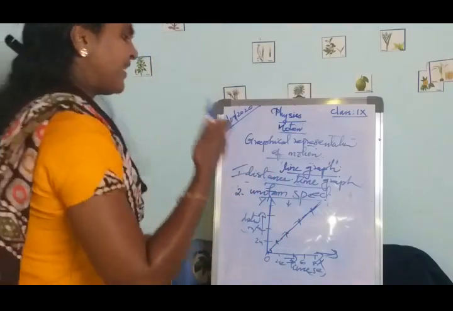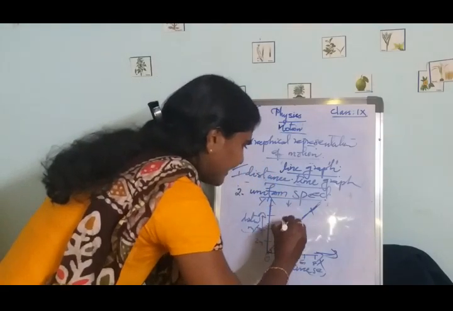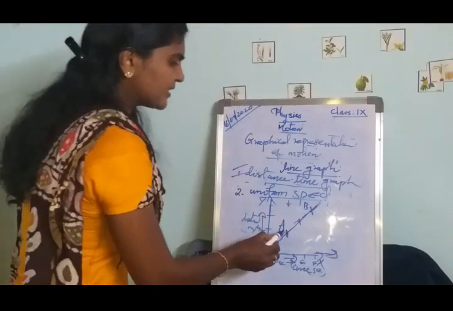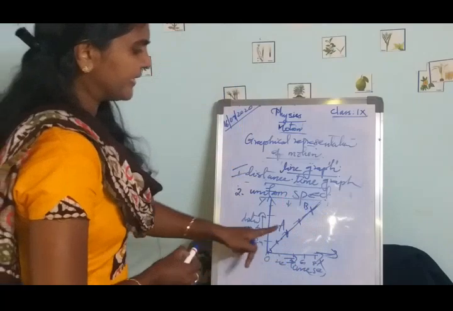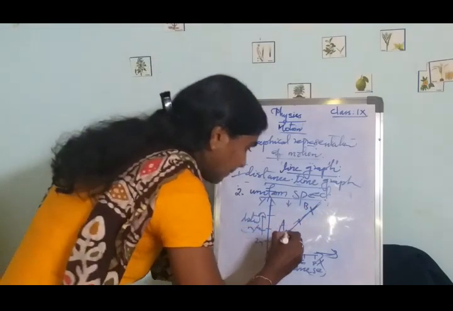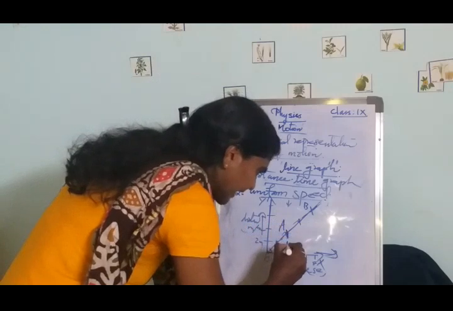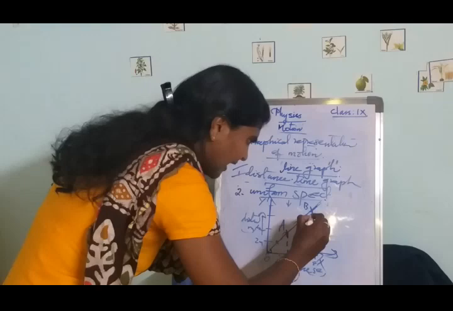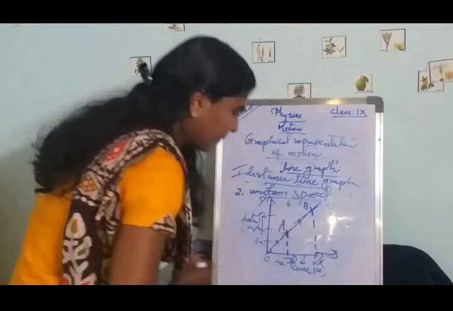For that we consider two points on the graph, let them be A and B. Then we can draw perpendiculars towards the x and y axes. From A we draw one like this, and from B we draw another perpendicular.